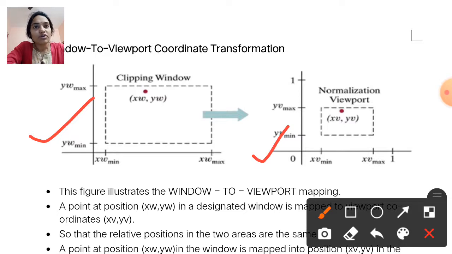In this world coordinate, this one is your clipping window. In this clipping window, this point is XW, YW, that means this point's coordinate position is XW, YW. This one is your X axis, this one is your Y axis.